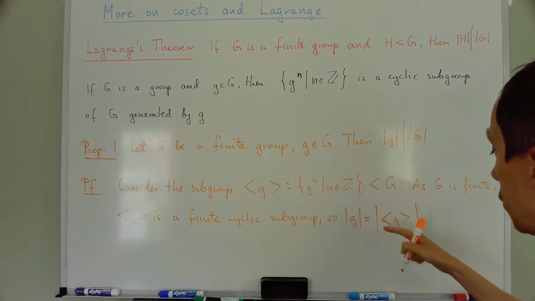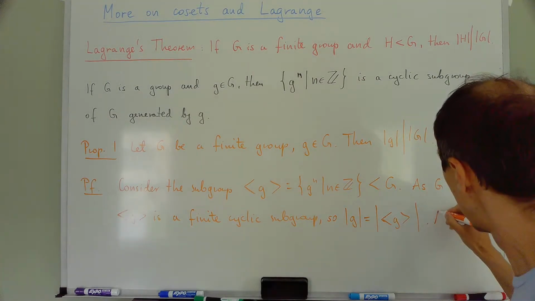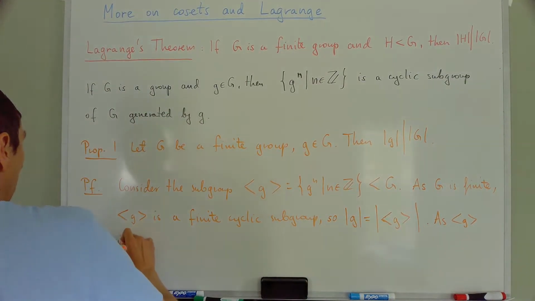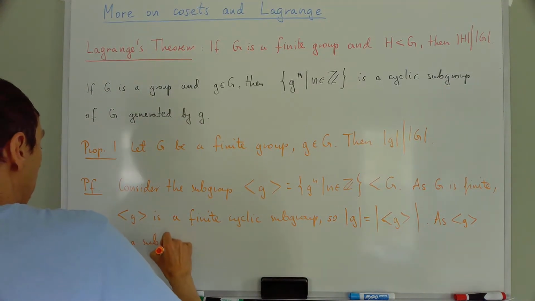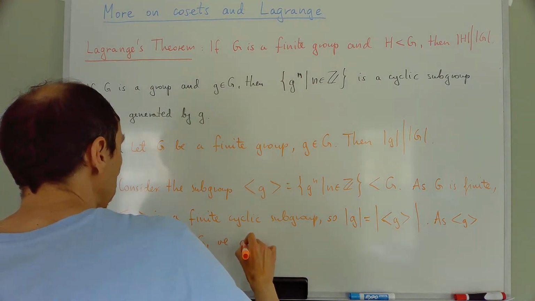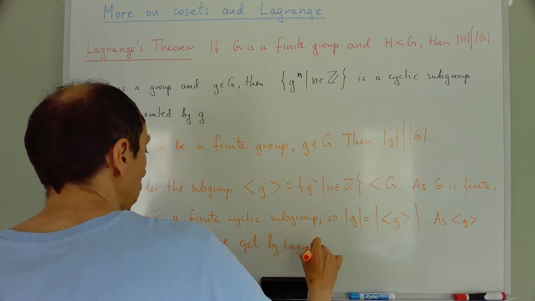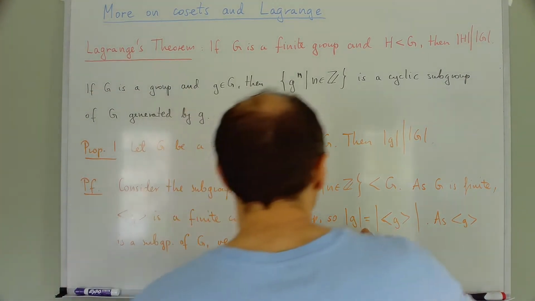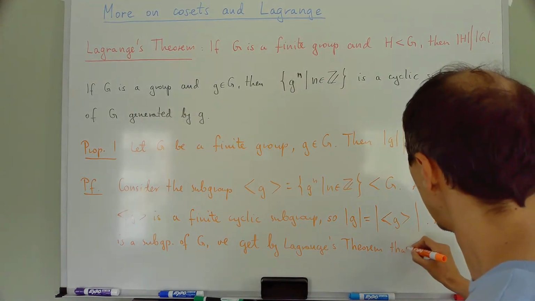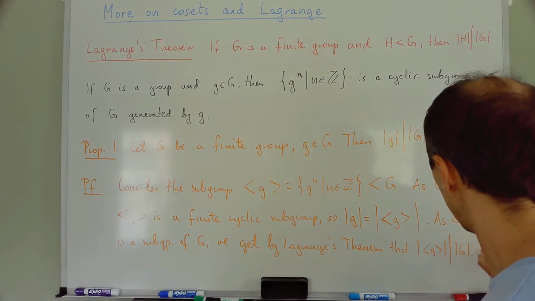But on the other hand, this is a subgroup of big G, so we get by Lagrange's theorem that the order of the subgroup divides the order of the group.